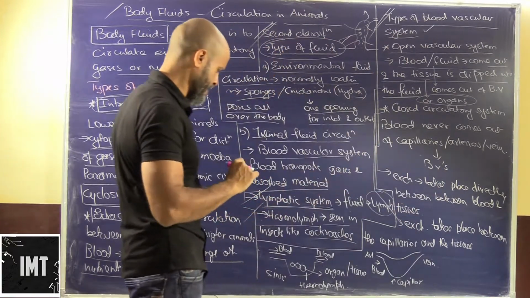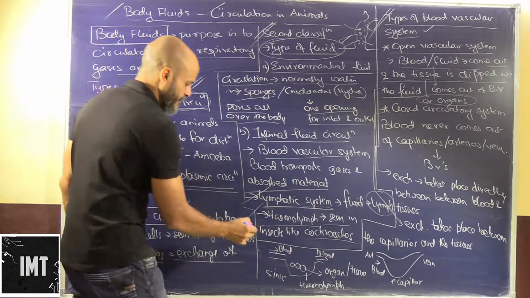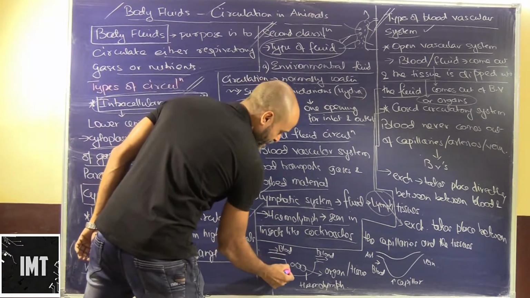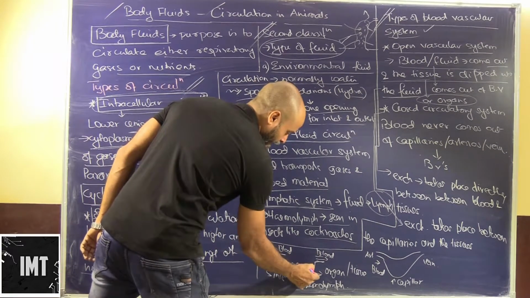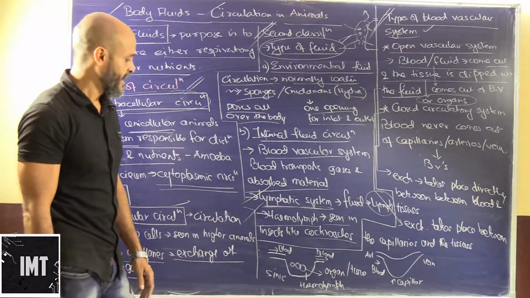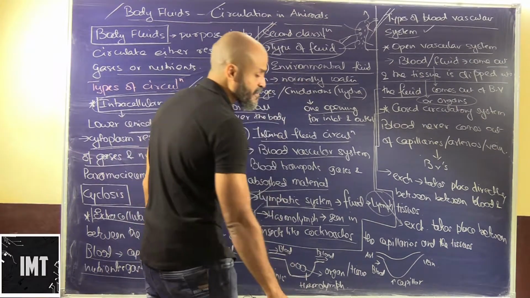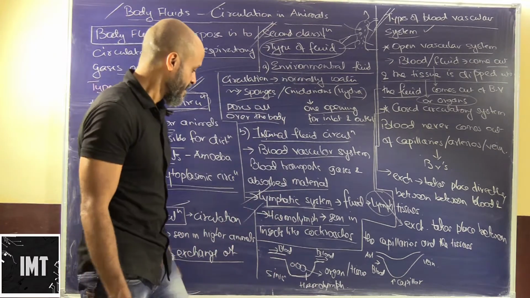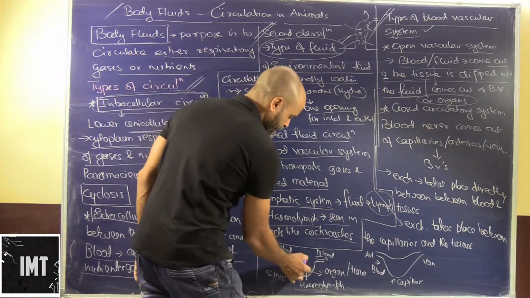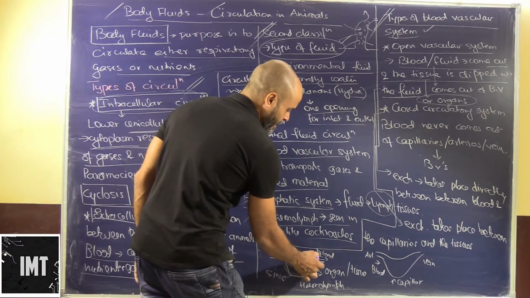So what happens here is we have the blood which is coming out. It is basically coming out into a part called the sinus. So the blood collects in the sinus, and in sinus we have different types of cells and organs which are dipped. So the sinus will have organs and tissues which are dipped. Okay, and this is basically the hemolymph part, and from here it goes out.